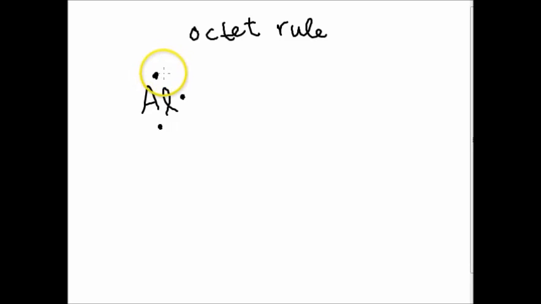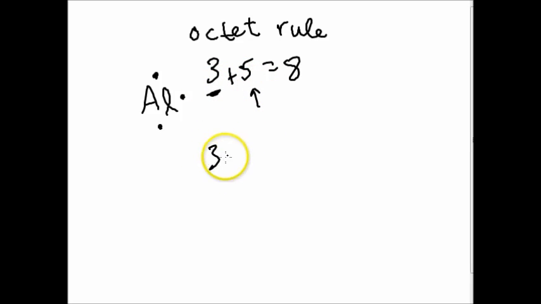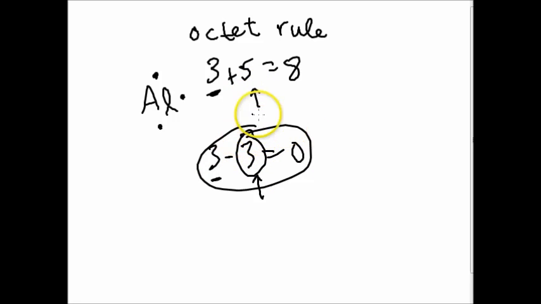Is it easier to get 5 more electrons to get this 8? We have 3 electrons here. Is it easier to get 5 more, or is it easier to just lose 3? Well, 3 is a smaller number than 5, so it's easier to lose 3.